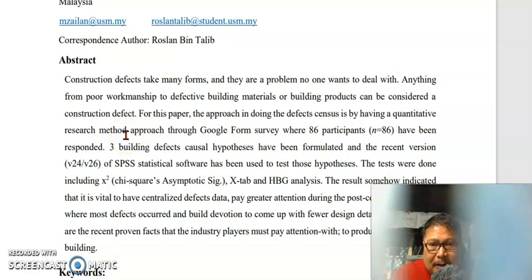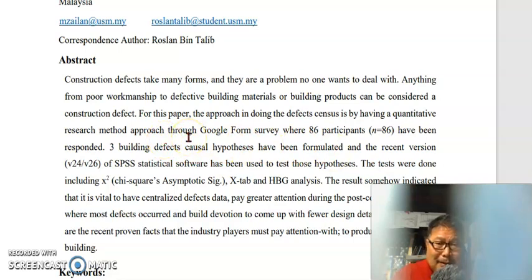By formulating a Google Forms survey, of course, using the 5-point Likert scale. During this pandemic, it was a problem to get hold of people, and we got about 86 participants who replied to the survey.